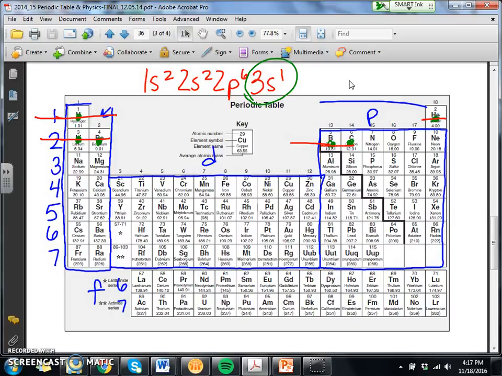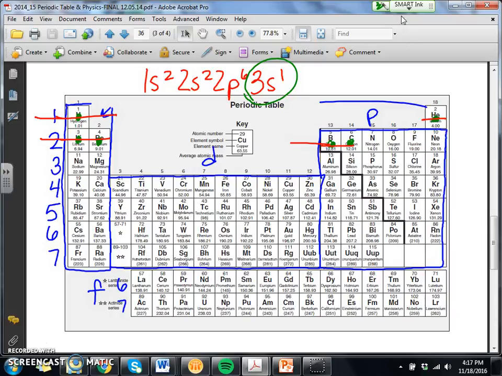The number 3 tells me I'm looking at row 3. The S tells me I'm looking somewhere in this S block, so it's one of these. And the number 1 tells me it's the first one. So that means 3s1 is talking about sodium. 3s2 would be talking about magnesium. So you can kind of go through the periodic table. 1s1, 1s2, 2s1, 2s2, 2p1, 2p2, 2p3, 2p4, 2p5, 2p6, and so forth.